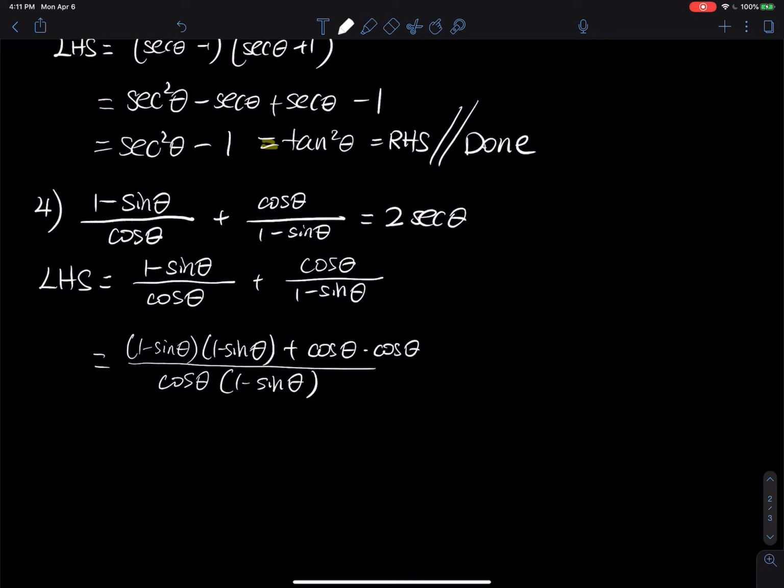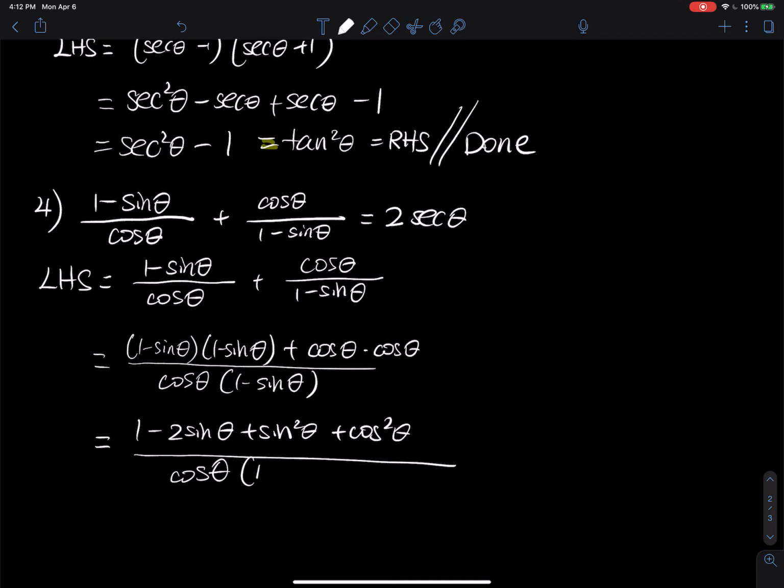Okay, and then you expand the top, multiply the cosine, you have 1 minus 2 sine theta plus sine square theta plus cosine square theta. I see the magic. Sine square plus cosine square is 1. If you don't want to copy this one more time, I allow you to do some shortcut.